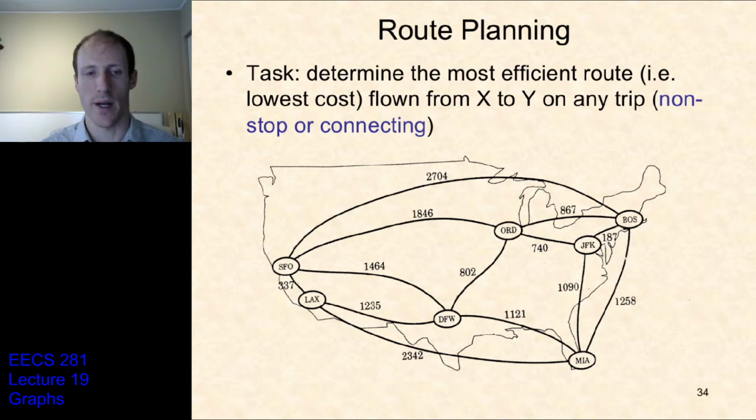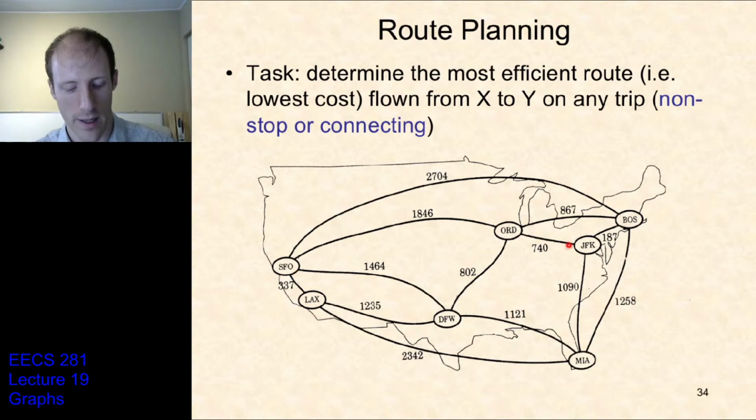So we might want to answer a question like, what is the shortest path from SFO to JFK, right? There's no direct flight from SFO to JFK, so we'd have to compare going from SFO to ORD to JFK versus going from, let's say, SFO, LAX, DFW, MIA to JFK.